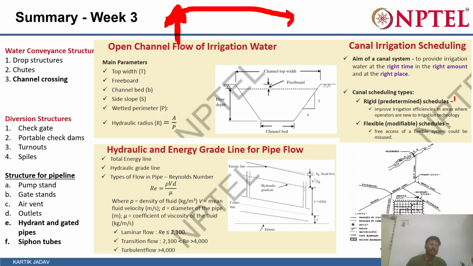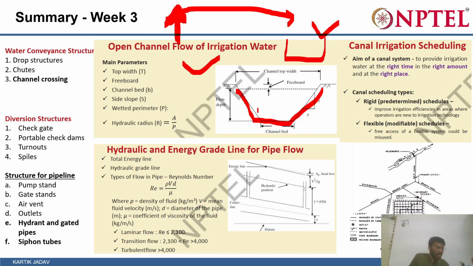For open channels, again, which kind of channel do we require? It has a certain shape. For example, you have a trapezoidal channel, a semicircular shape, a rectangular channel, a triangular channel. So you have different channel shapes, but depending on your field condition and the economic status of the project, you decide what to design.